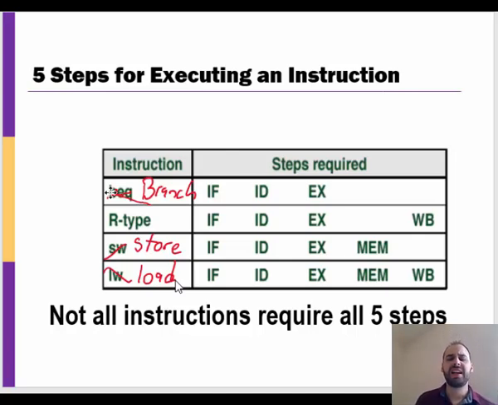I want you to keep in mind, just like what we're seeing in this diagram, not every instruction takes all 5 stages. And let me be very clear on this because it's going to be very easy to misinterpret what I'm saying. All instructions will take all 5 stages to execute, but they're not necessarily doing work in those stages.